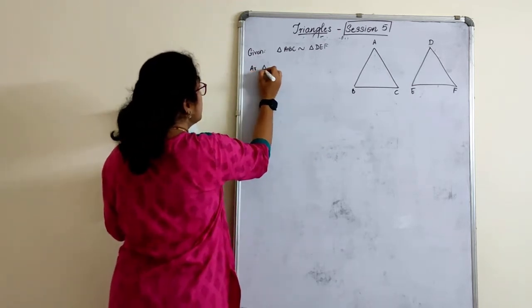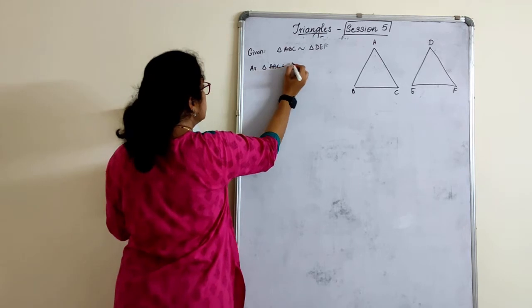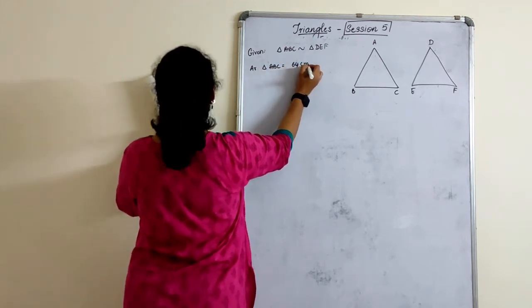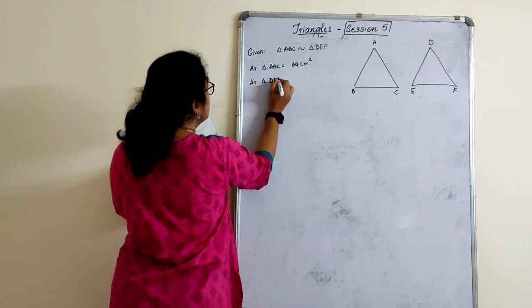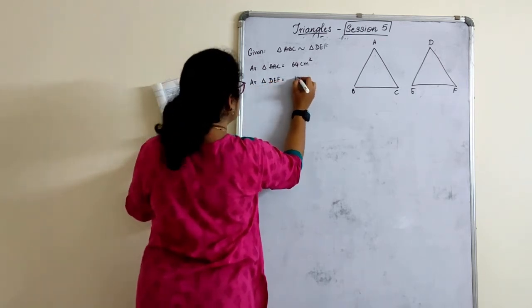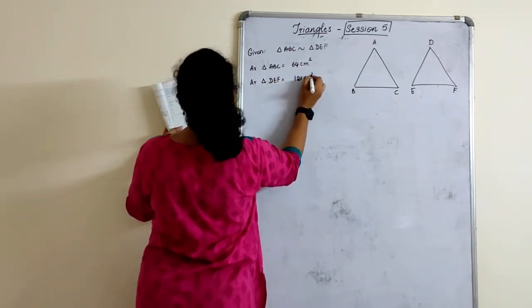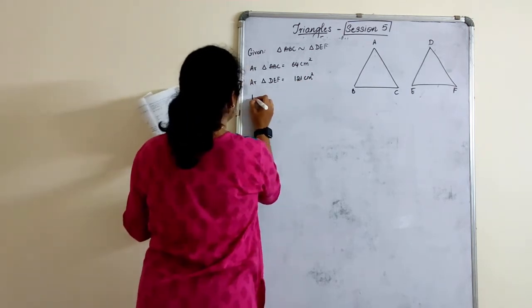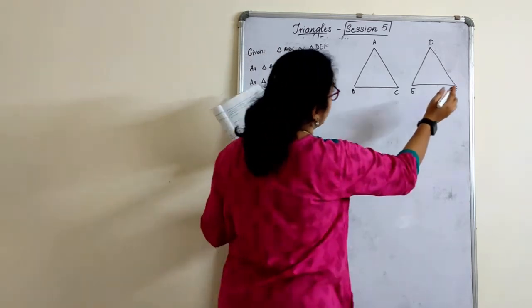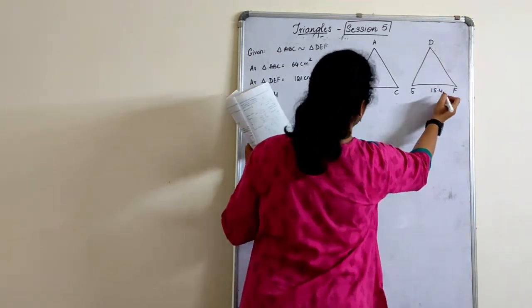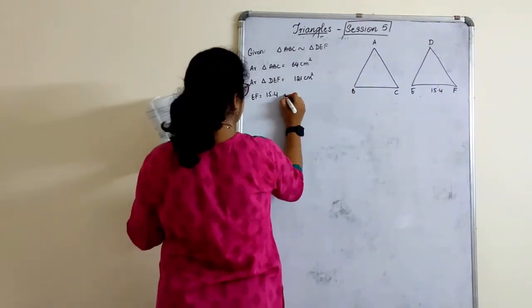So area of triangle ABC is 64 centimeters square and area of triangle DEF is 121 centimeters square. If EF is equal to 15.4, find BC.